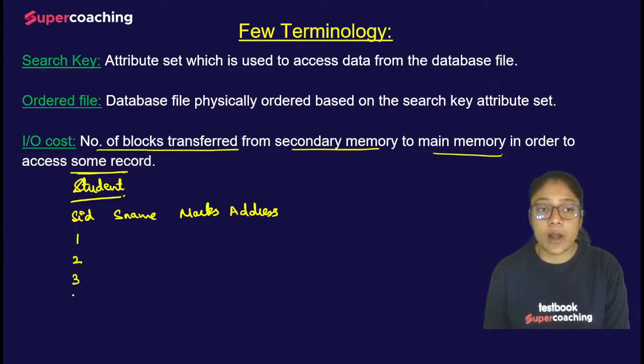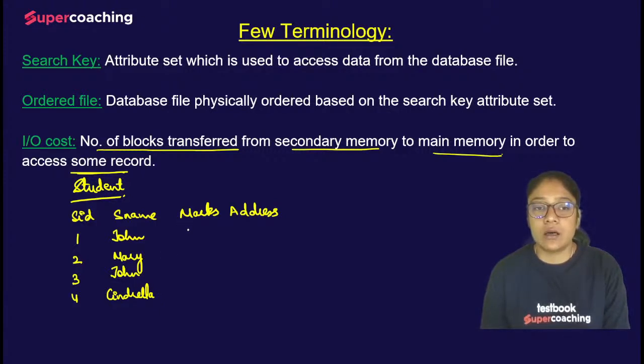We have 1, 2, 3, 4, and the student names are John, Mary, John (two students can have the same name), and Cinderella. Marks obtained in DBMS are 90, 85, 80, and 92. We are not bothered about the address.